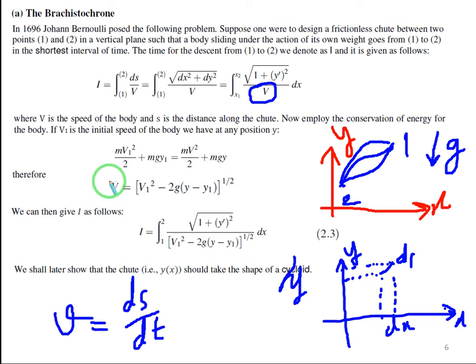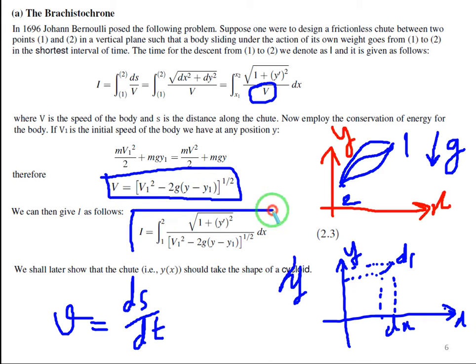So we can calculate v by this formula as a function of v1, y1 and y. v1 and y1 have definite numbers, and the functional problem is as follows.